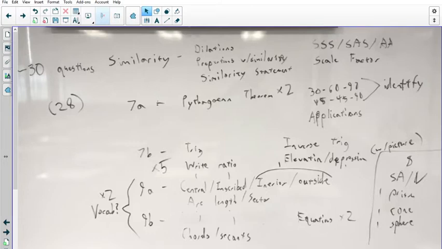I'm going to start with Unit 6, which was on similarity. First thing is you should know how to do a dilation. This is one of the few things that I did not put on the review. If I tell you to dilate a triangle by a scale factor of 2, you should know how to do that.